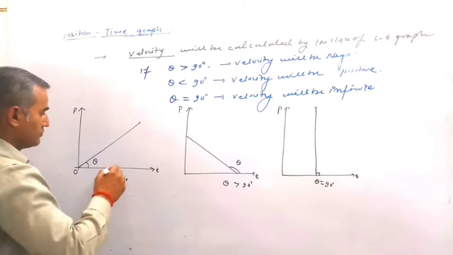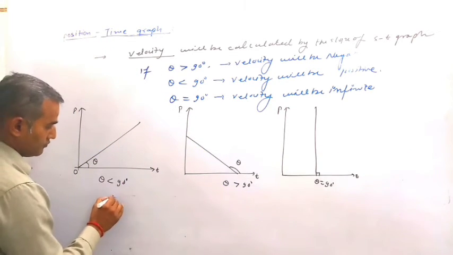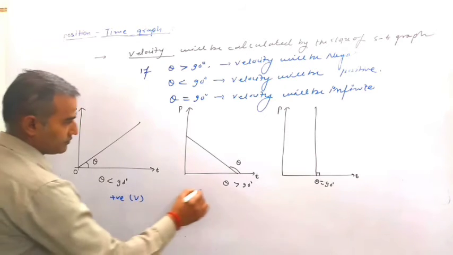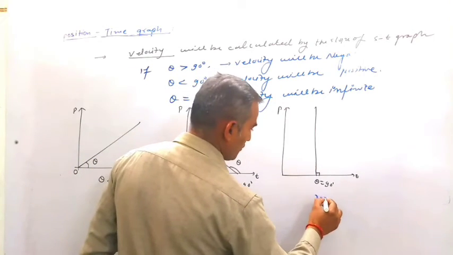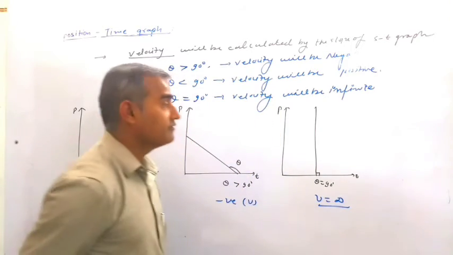So, positive velocity, negative velocity, velocity equal to infinite.